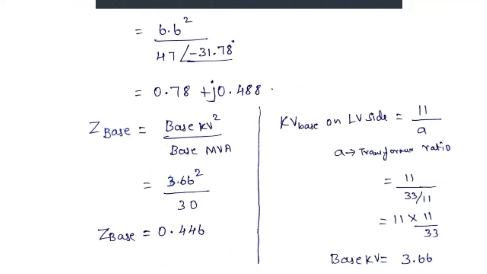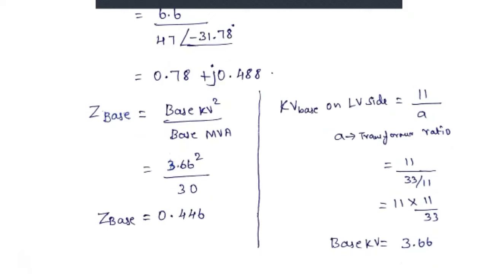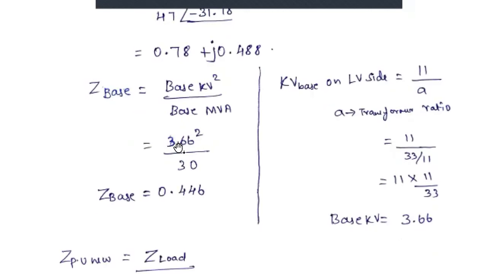We are referring to the HV side, that is given in the problem, so we have taken A as 33 by 11. So 11 into 11 by 33 is 3.66. That 3.66 we have taken here, so 3.66 whole square divided by base MVA. The base MVA is already given in the problem as 30.